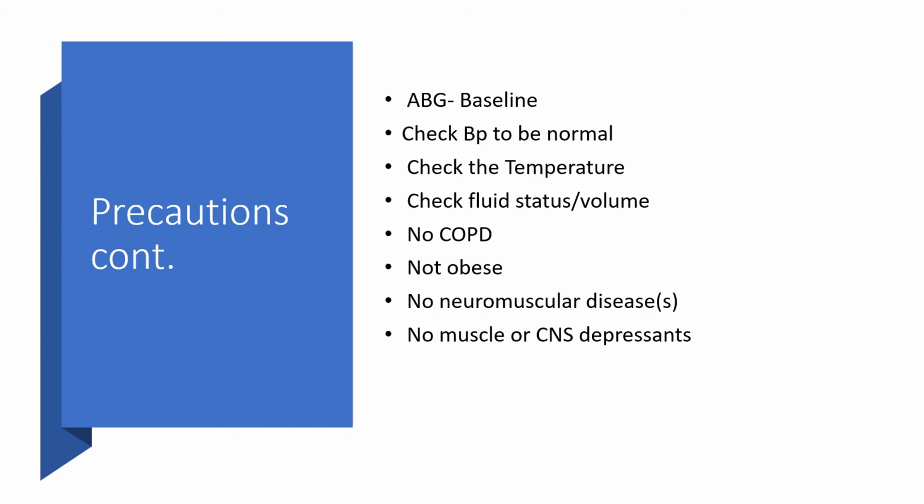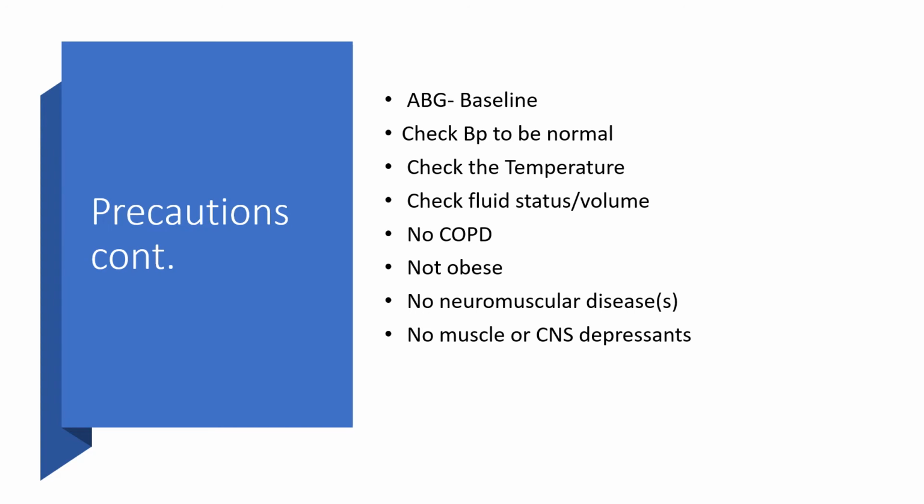Other precautions will include an arterial blood gas baseline. Then make sure that the blood pressure is within normal range. Check the temperature so that you're not dealing with hypothermia. Check the fluid status and make sure this is not a patient already diagnosed with chronic obstructive pulmonary disease, because that could hinder true diagnosis here.